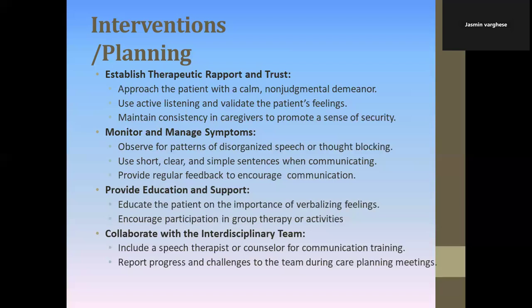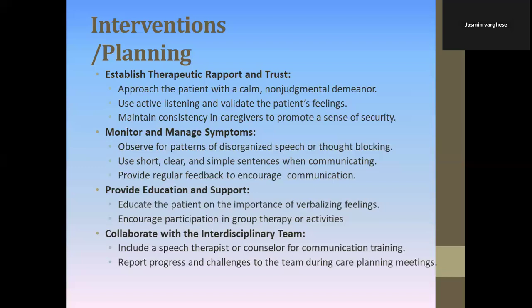Use short, clear, and simple sentences when communicating with the patient and provide regular feedback to the patient to encourage communication. Then, provide education and support. Educate the patient on the importance of verbalizing the feelings and thoughts. Also, encourage the patient to participate in all kinds of activities, especially group activities and interactions.